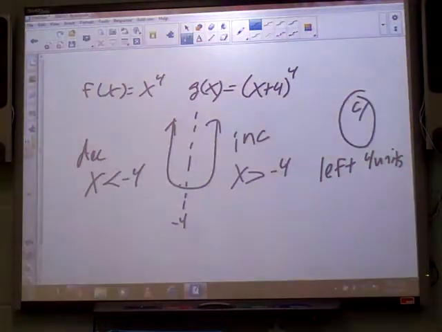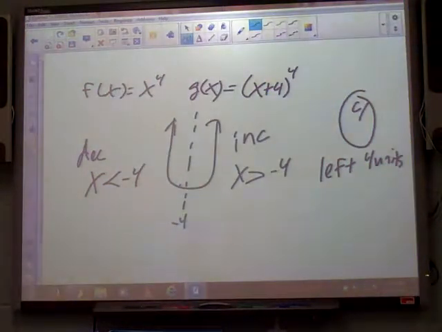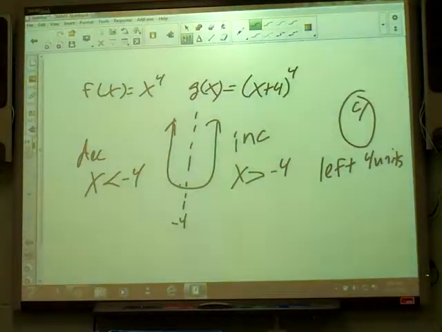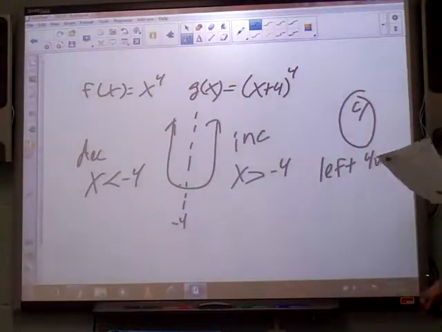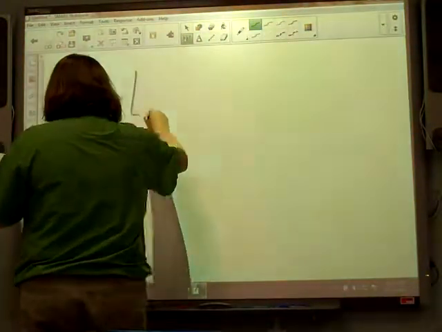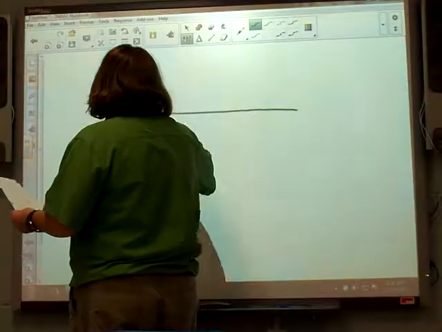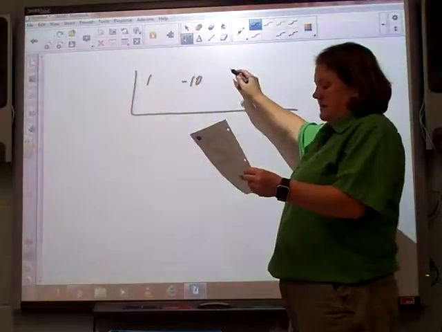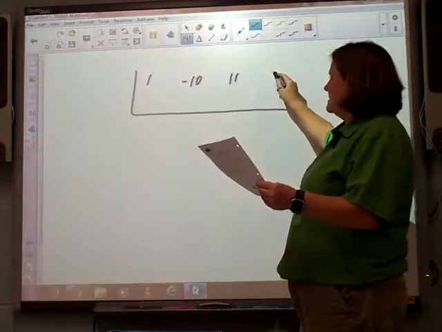Alright, on 10, we got the volume of a hot tub modeled by that equation. It says explain how you know x equals -5 is not a possible rational zero. And there's several different ways you could do it to show how it's not a zero. I use my synthetic division, 1x cubed minus 10x squared, 11x, 70.